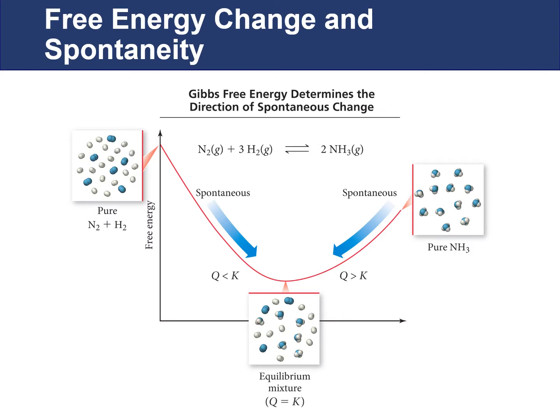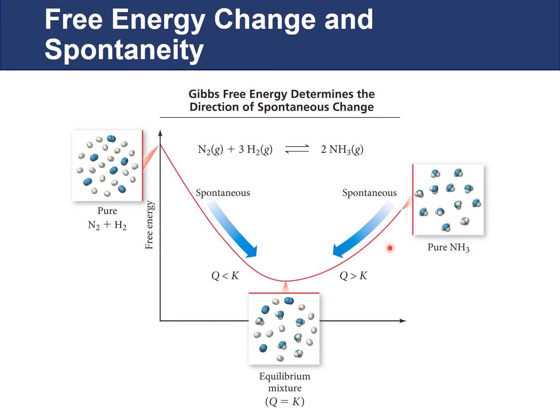Previously, when we had talked about equilibrium, we had mentioned that there is a driving force pushing the reaction towards equilibrium. And we could get an idea of the directionality of that driving force by comparing our reaction quotient Q with our equilibrium constant K. If Q was less than K, then there would be a driving force for the reaction to go in the forward direction to make more products as it goes towards equilibrium.